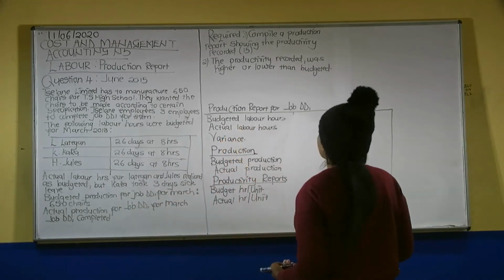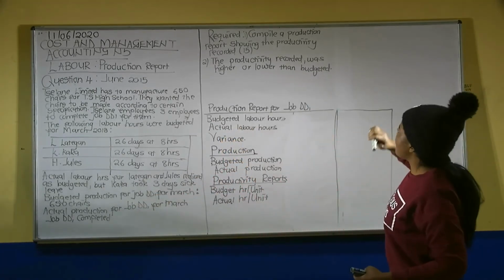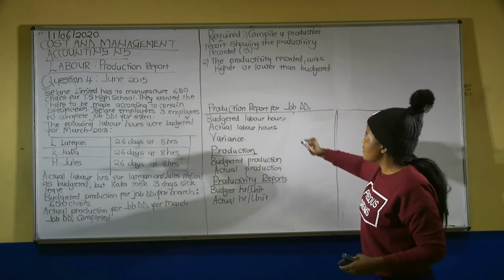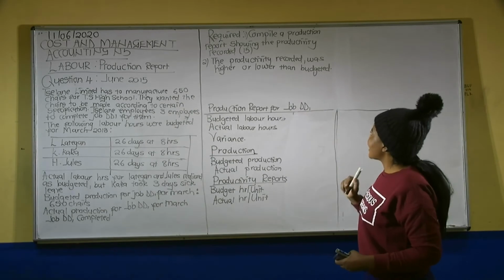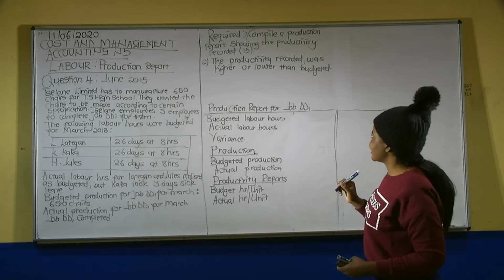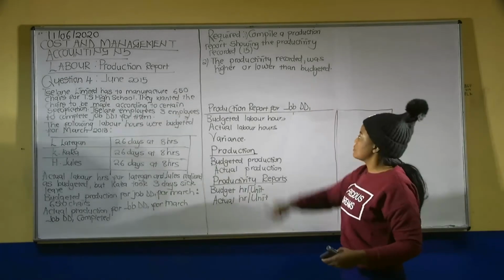This is the requirement of the question. Required: compile a production report showing the productivity recorded, 15 marks. Number 2: was the productivity recorded higher or lower than budgeted?